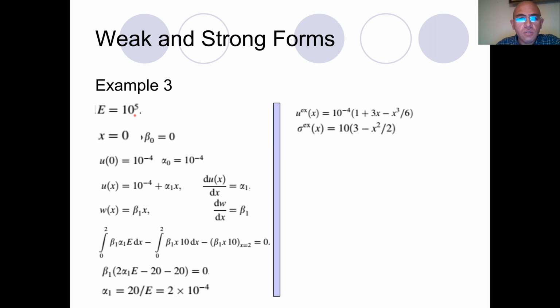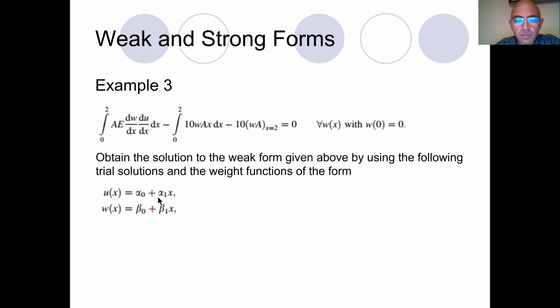And of course, we can say that at x equal to 0, the weight function has to be 0, because that is where the displacement is prescribed. Therefore w(0) has to be equal to 0, therefore beta 0 is 0.